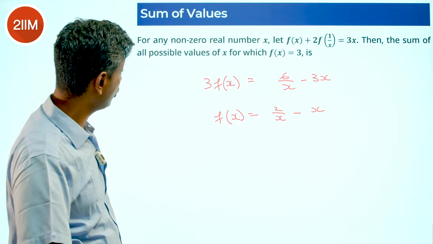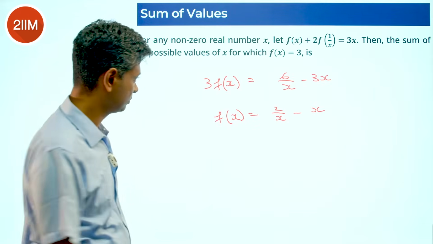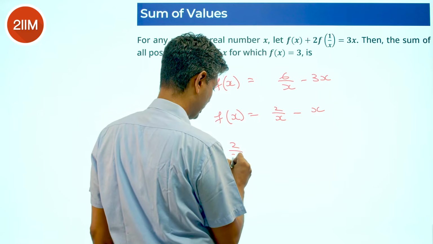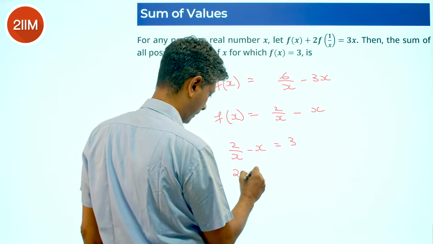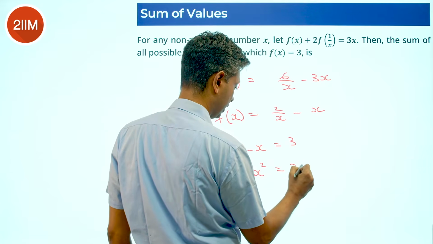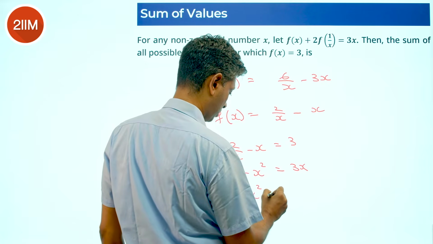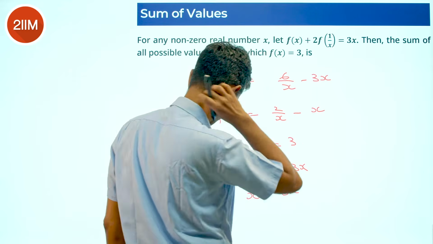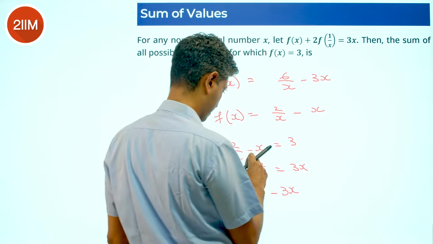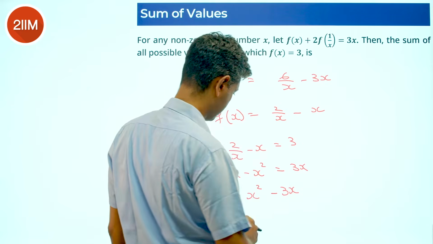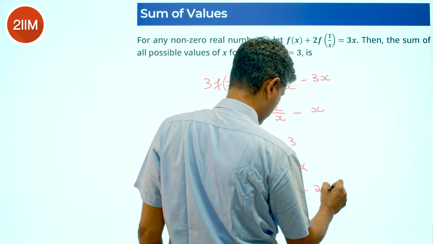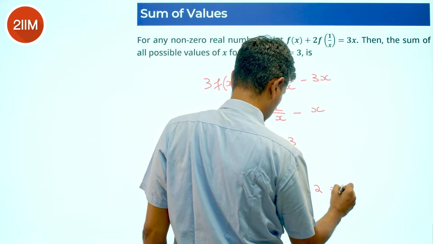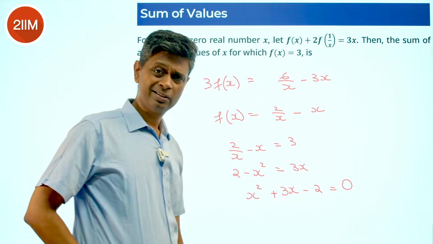We've been told f of x equals 3. Put this as equal to 3. 2 by x minus x is equal to 3, or 2 minus x square equals 3x. Taking this x square that side, x square plus 3x minus 2 equal to 0. This definitely has real roots.